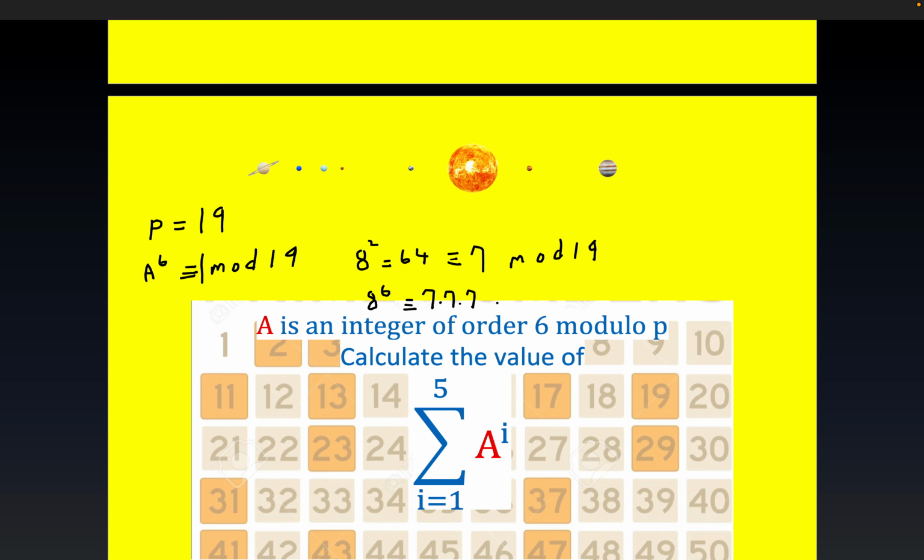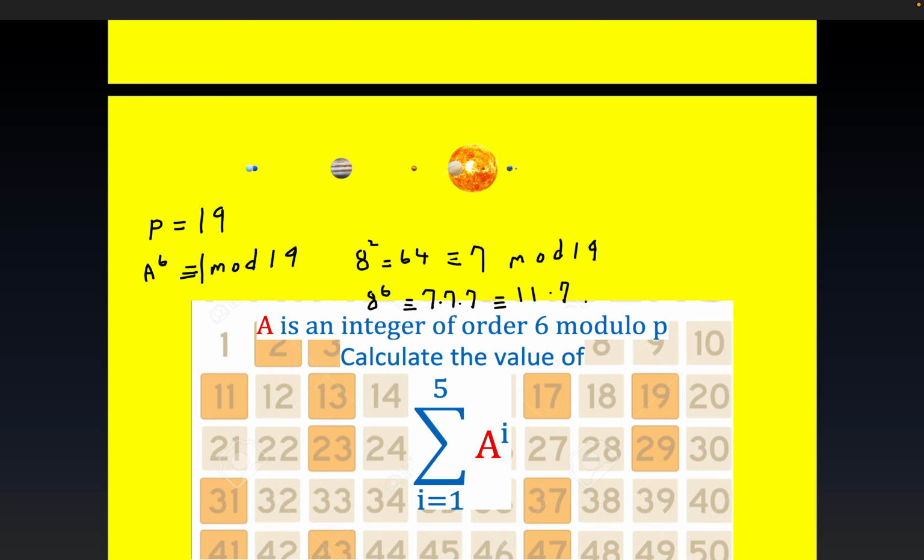Now we can reduce 49. Let's see, this would be congruent to, what's 49? 3 times 19 is 57. Or no, wait, we need 2 times 19, right? 2 times 19 is 38. So 49, let's see, that's congruent to 11 times 7, right?